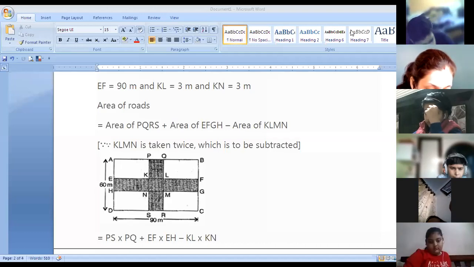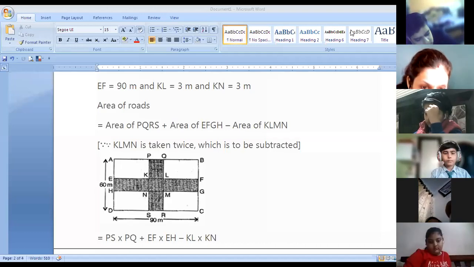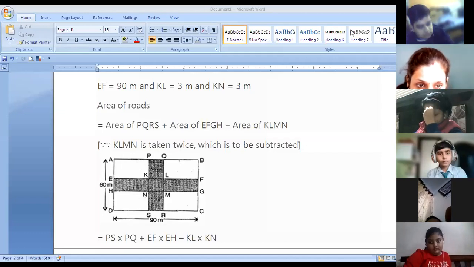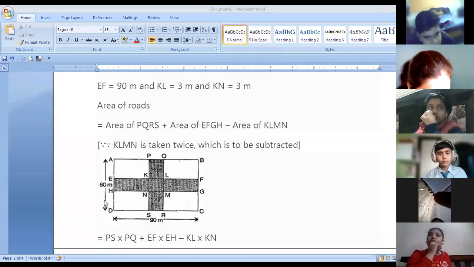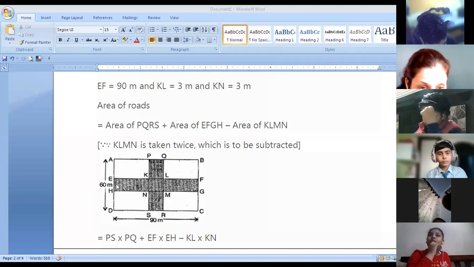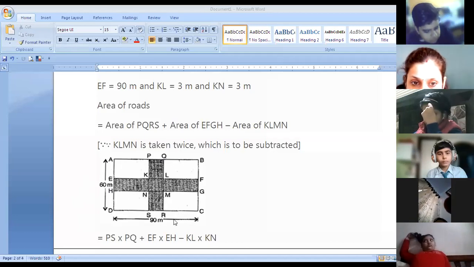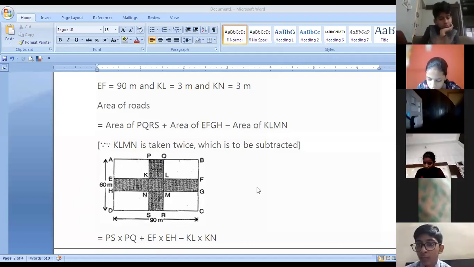Through a rectangular field of length 90 meters and breadth 60 meters, this is a rectangular field, and the length is given as 90 meters and the breadth as 60 meters. Two roads are constructed which are parallel to the sides, parallel meaning alongside them. Haryanshi, are you getting it?